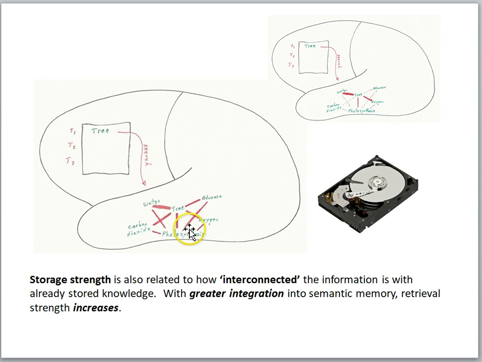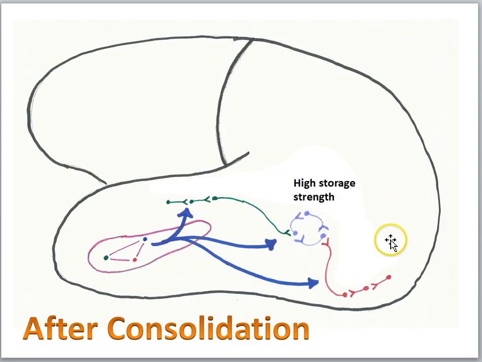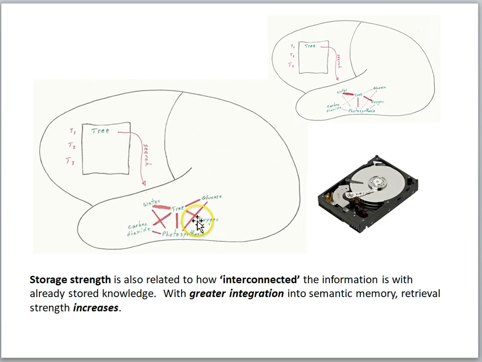So when we have lots of information that is well integrated, it makes retrieval more efficient and effective. So storage strength has to do with the strength of the synapses that are the basis for the memory trace and the extent of integration of the concepts in the semantic memory system.